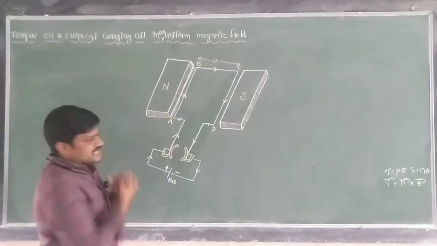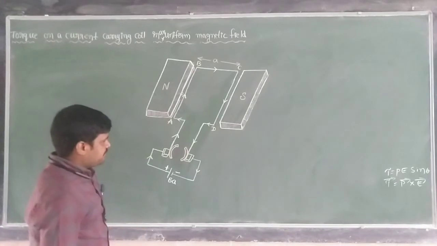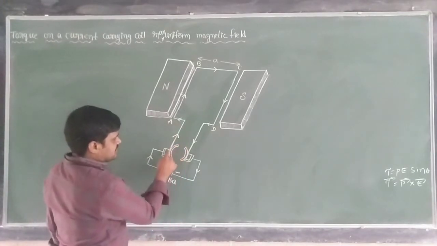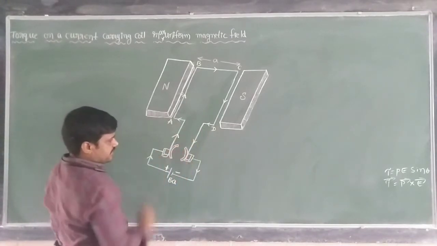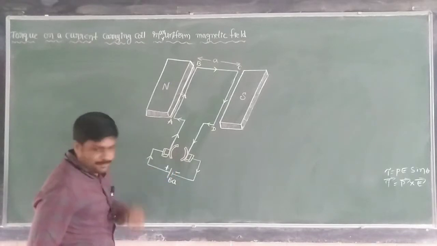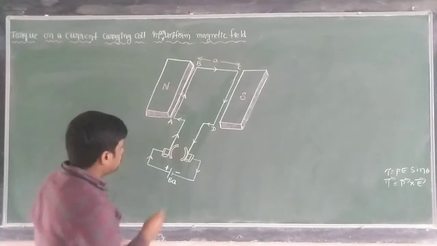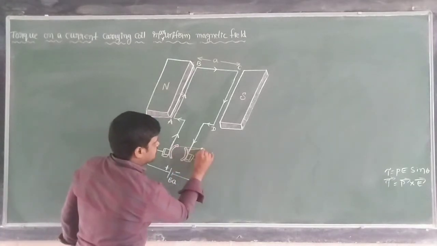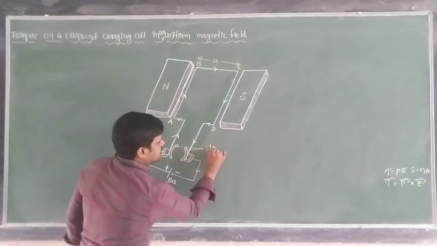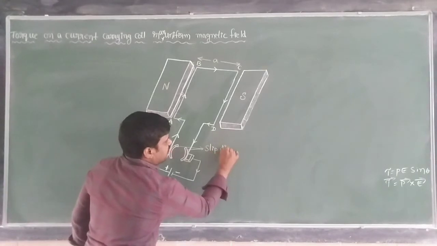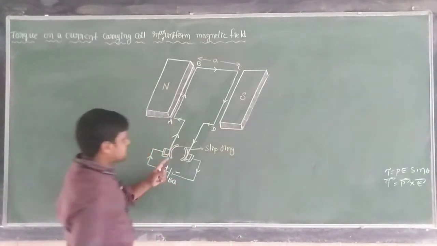Now, the situation is like this. The ends of the coil are connected here. Whatever the two pink colored rings are, these are called slip rings, meaning the wire slips easily on these rings.